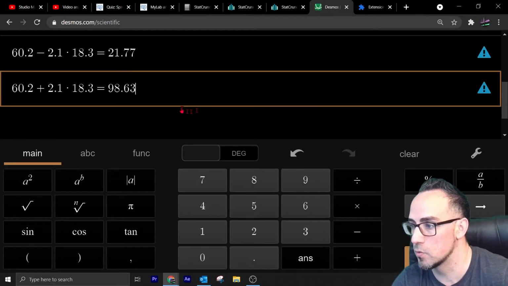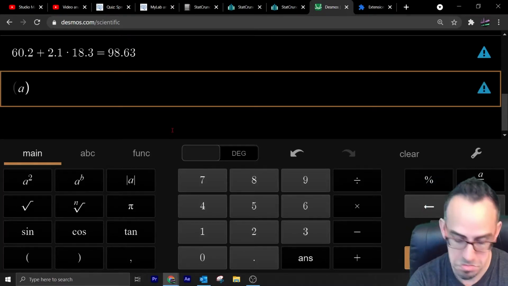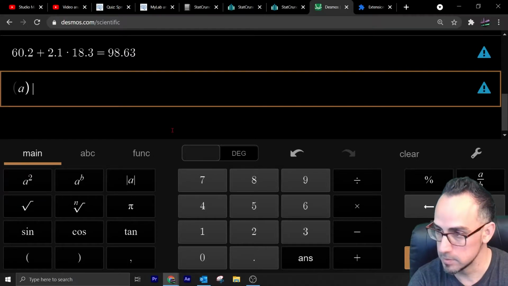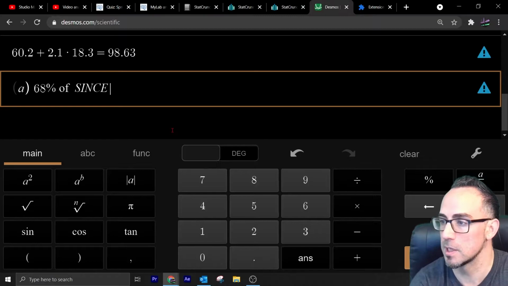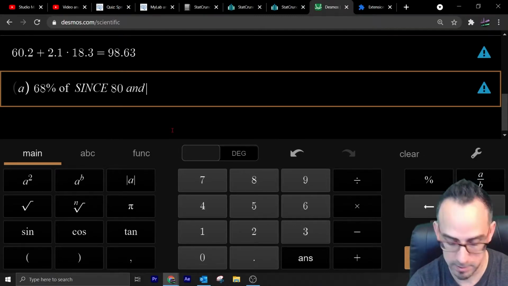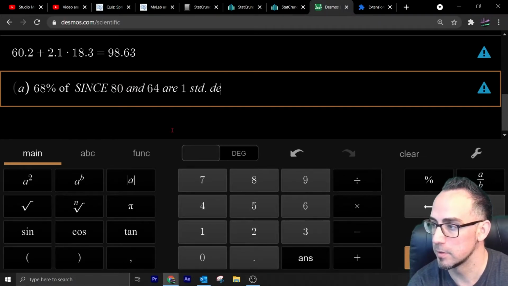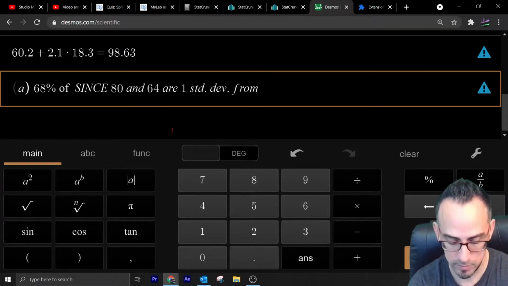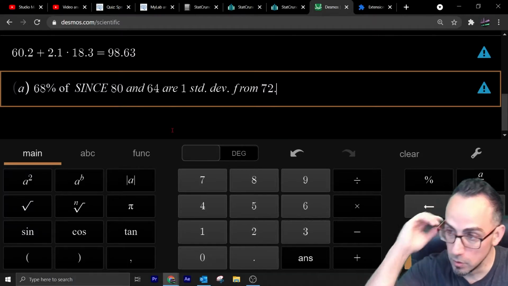If you wanted to show your work on A, you could do something like this. You could say 68% since 80 and 64 are 1 standard deviation from 72. You could just write a sentence like that, or you can show your work.